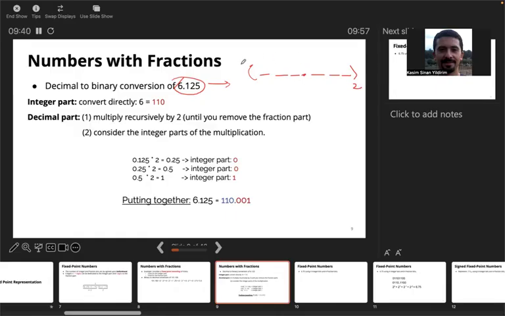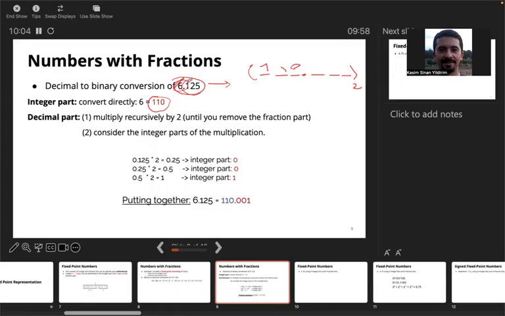We have fixed point representation, 3 bits for the integer part, 3 bits for the fractional part. How am I going to do that? Again, simple. Let's first convert 6, the integer part, into binary. 6 is 1, 1, 0 in binary.